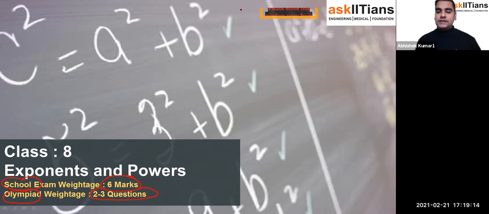But this topic is very important because the properties which we studied in the last session and the things that we are going to study in this session as well, we use them very frequently in a number of other topics. You will be using them a lot in your senior classes. So it's very important to study this chapter properly and understand everything in it, to have a good command over the upcoming topics that you might see in your senior classes.